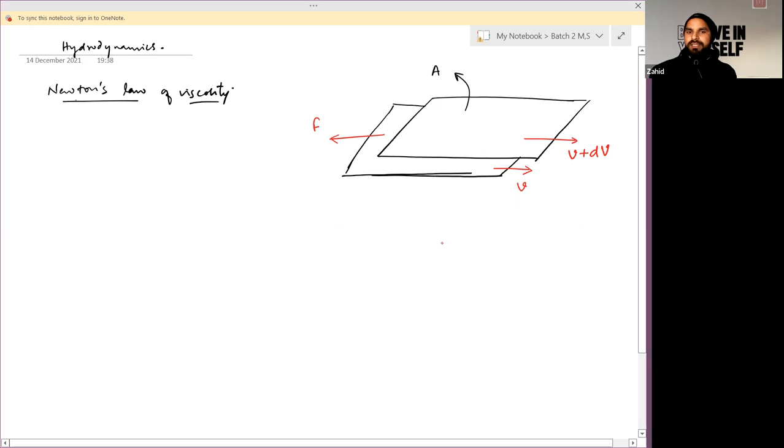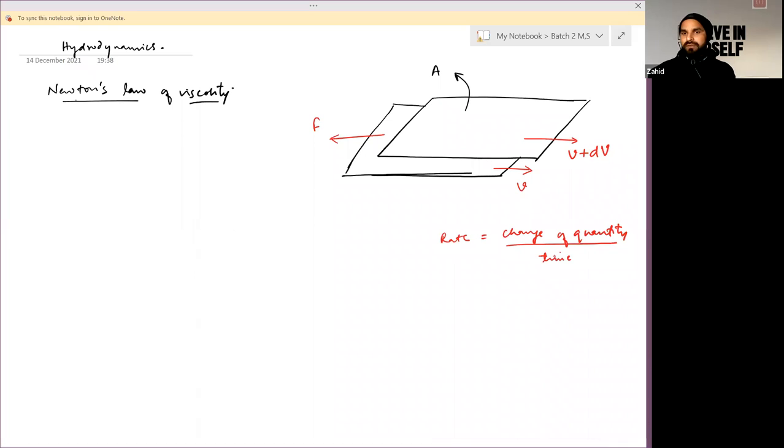In physics, we define two different terms. First is rate, change of any quantity with respect to time. Rate of change of velocity, rate of change of displacement, rate of change of linear momentum. So these quantities are changing with respect to time.